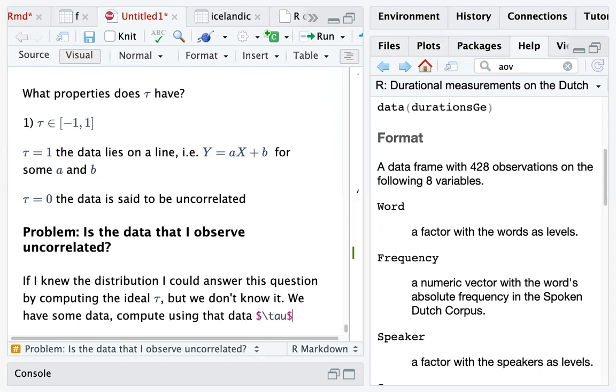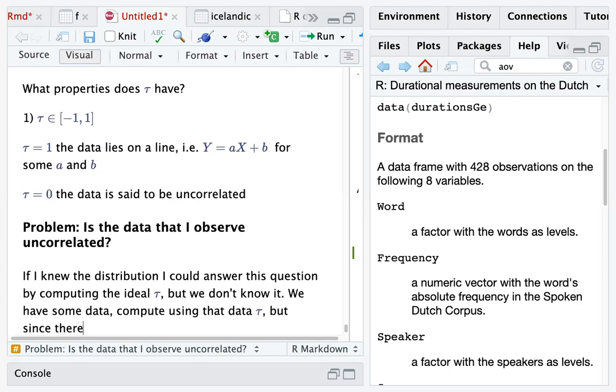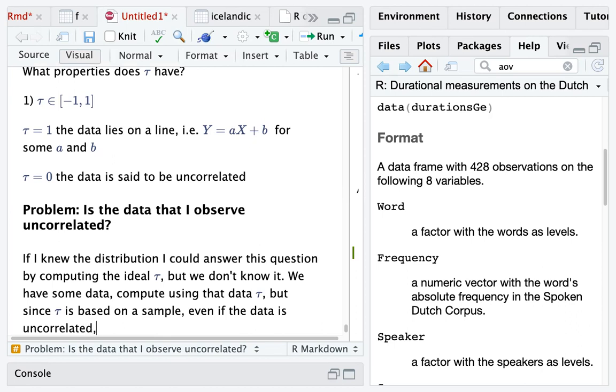But since this tau is based on a sample, even if the data is uncorrelated, tau could be positive, different from zero.